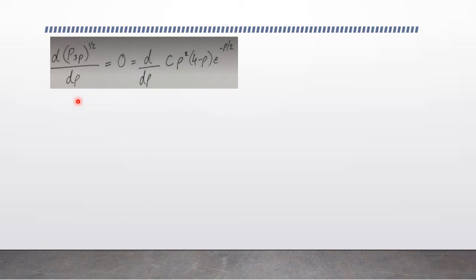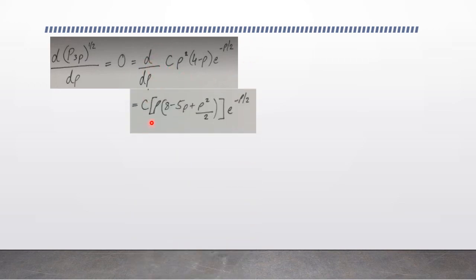As I mentioned earlier, we set the derivative of P sub 3p raised to 1/2 equal to 0, so that we can collect all the multiplicative constants together, since they will eventually be divided into 0. We get the derivative of this function, and since the constant is a constant, we just leave it outside.